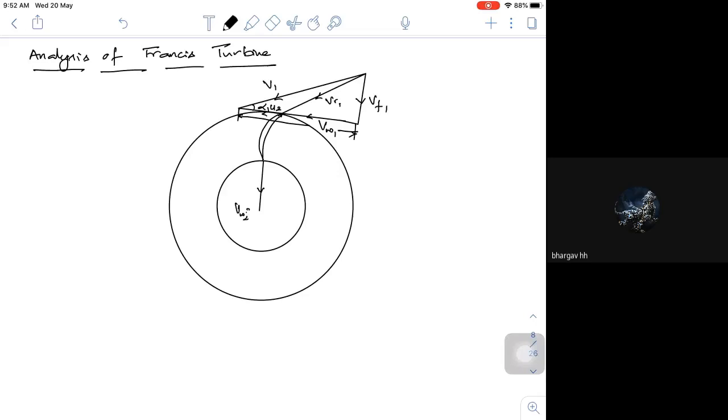If that is the case, then V2 is equal to VF2, and I have my blade, that is your VR2, and I have my U2. This is with respect to the hub. And the direction of rotation is in this direction, omega, whatever it may be.